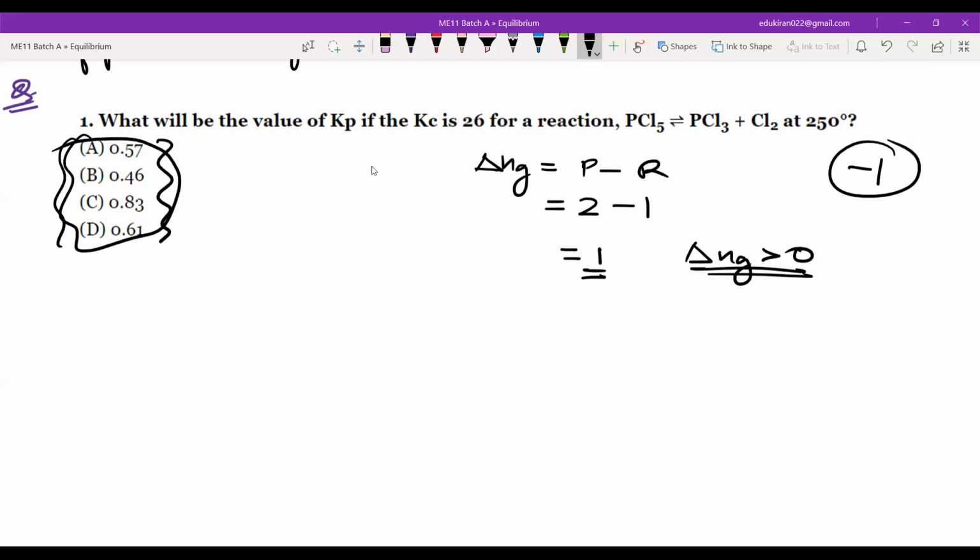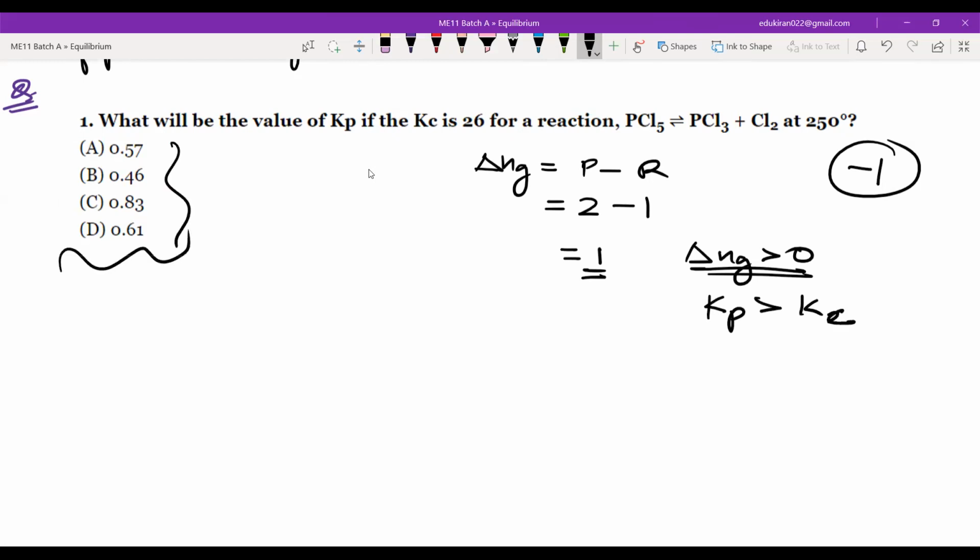None of these options are correct. That's what I'm saying. You tell me the answer. You calculate, don't go to the options now. You have just said that delta Ng is greater than 0 and hence Kp should be greater than Kc. None of the options are greater than 26. And Nehra, are you there?